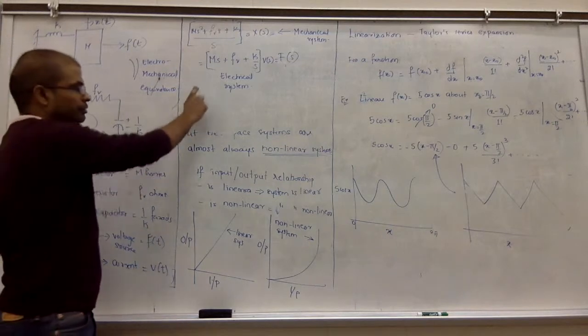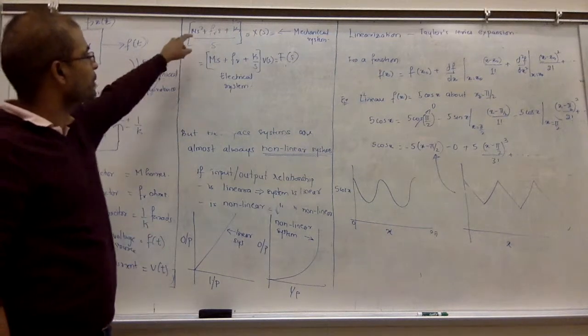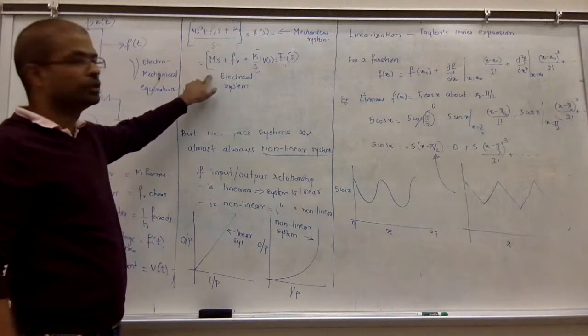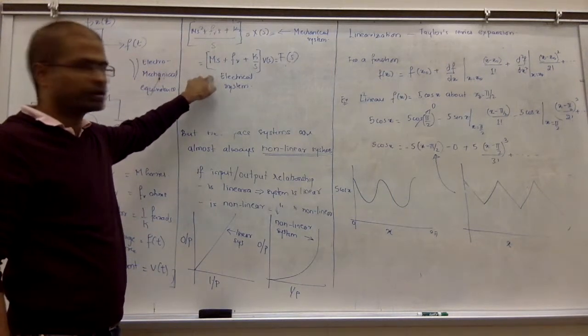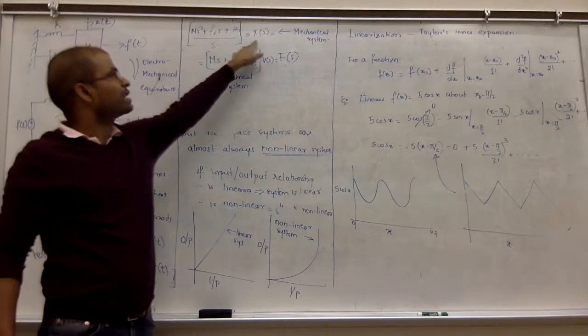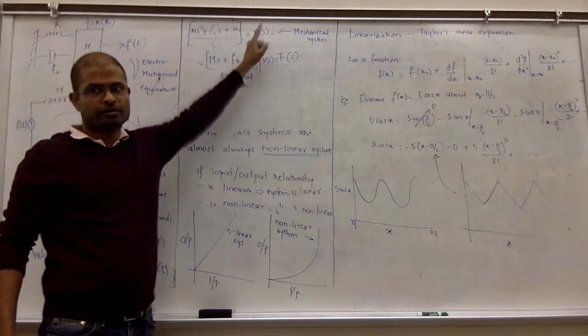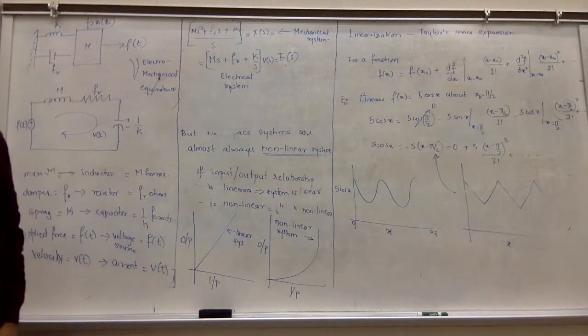So you see this. You have to compare. This is the mechanical system, and this is the electrical system. Why is this s into x of s? This is a transfer function, right? So what is a transfer function?